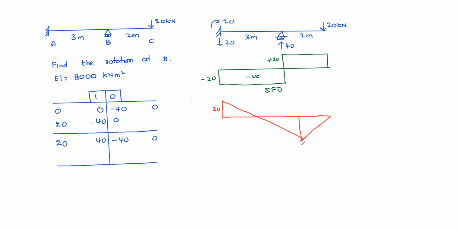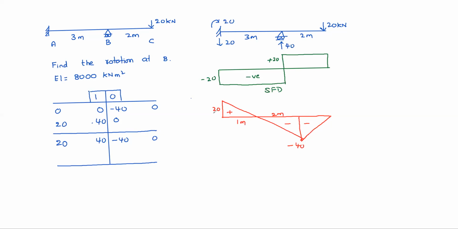Here 40, 20 into 2, so obviously minus 40. So 20 and 40 means here this may be 1 meter and this may be 2 meters, because of the ratio 20 is to 40, 1 is to 2. That's why it is 1 plus 2 meters, 3 meters. Okay. Positive, negative, negative. Okay, this is the BMD.